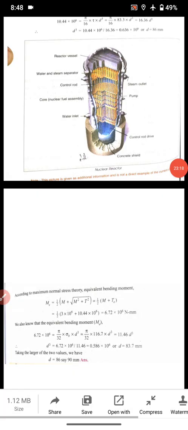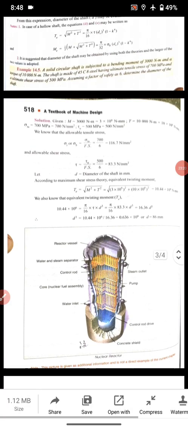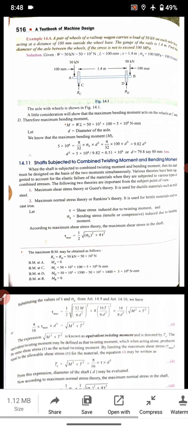So I want to discuss the questions that may come in the examination in the form of MCQ.